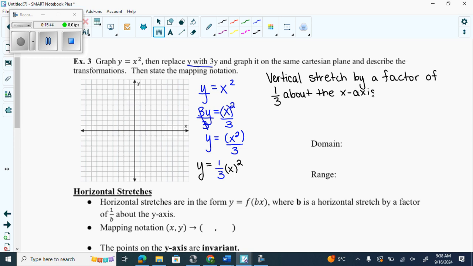Is there a reflection on this one? No, the 1/3 is positive. And then you're mapping x, y becomes x. Nothing happens to my x and my x stays. And if the stretch, what do I do to the y? Multiply it by 1/3.